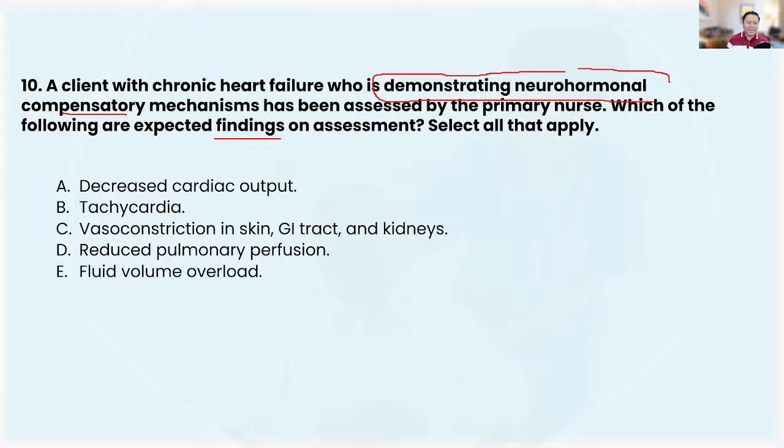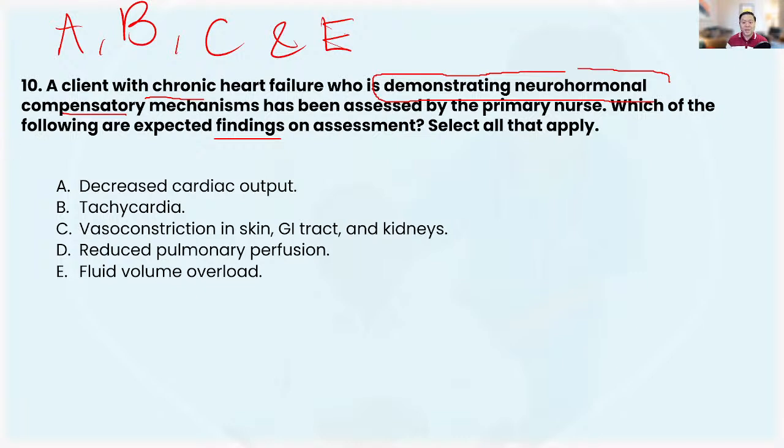So the correct answers for this test question are letters B, A, C, and E. Why? Because in chronic heart failure, okay, it said here chronic, the body will initiate the compensatory mechanisms in order to maintain the cardiac output and also the tissue perfusion.